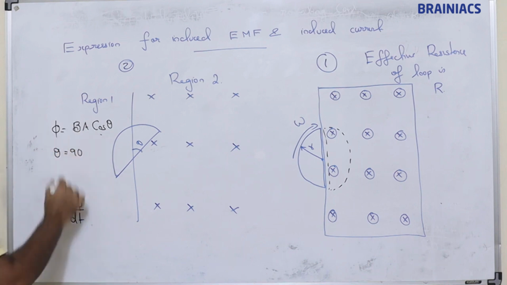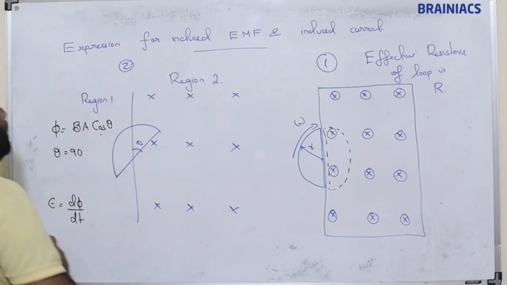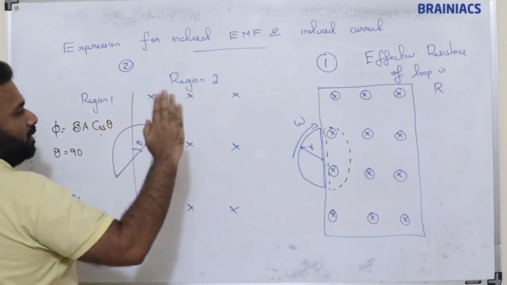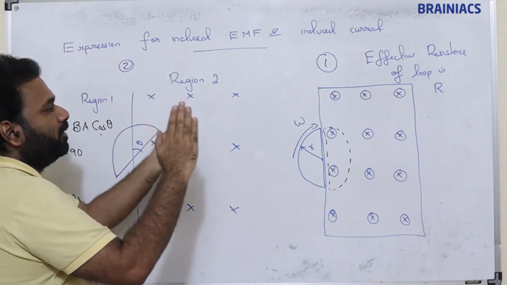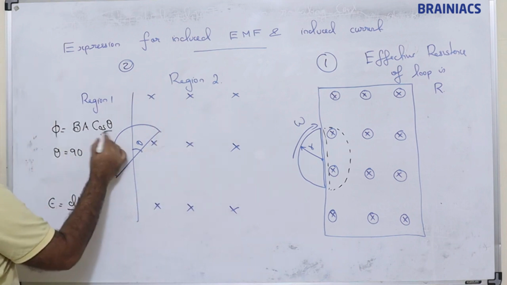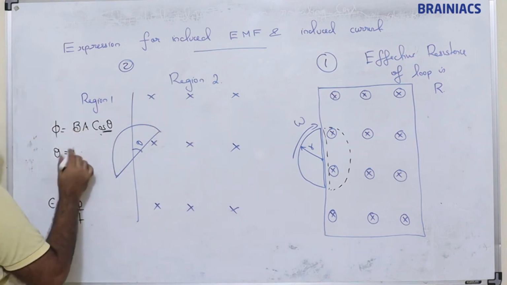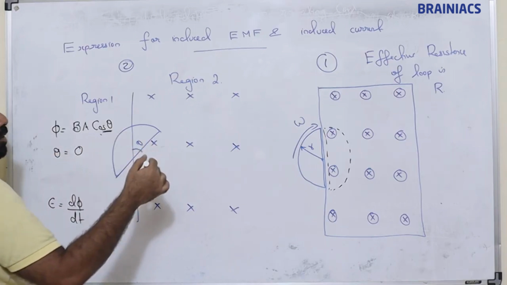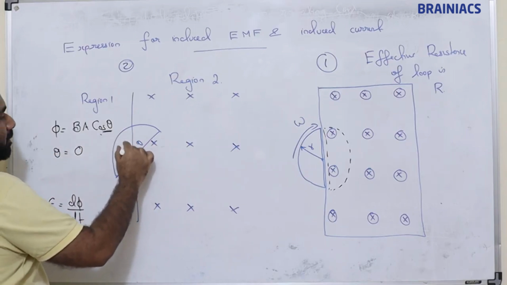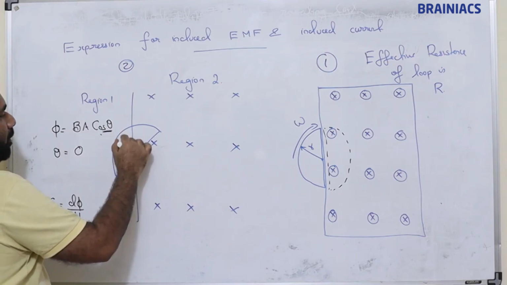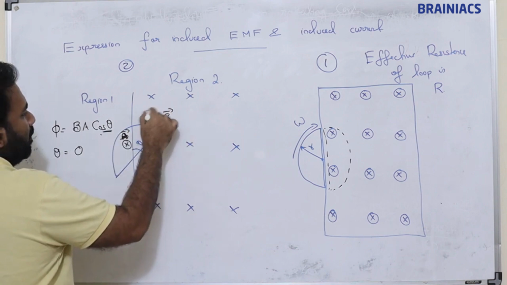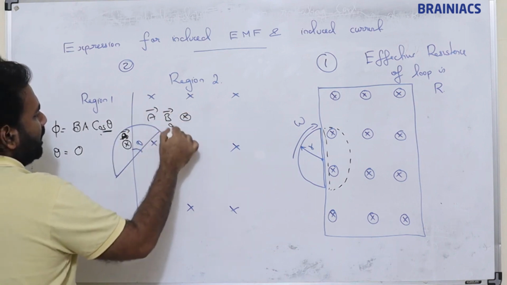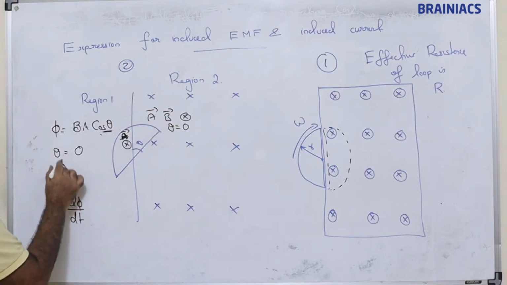Theta is not this angle. If the area vector of this loop is going inside and the magnetic field vector is also going inside, both are going inside, so theta is equal to 0 and phi is nothing but BA.